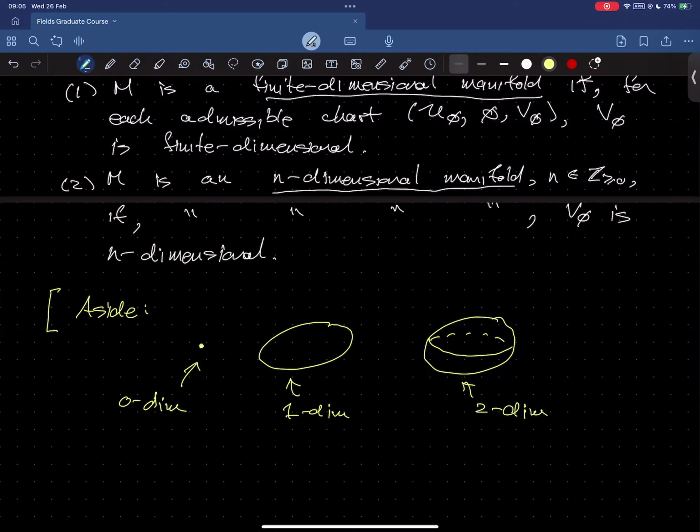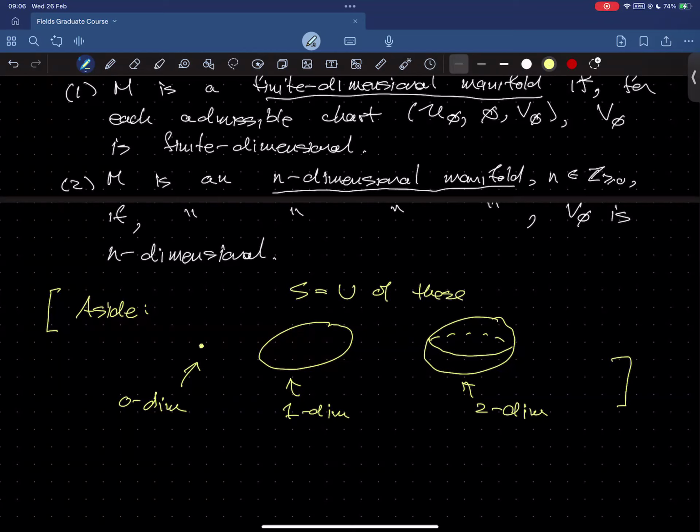But there's no reason whatsoever, according to our definition of manifold, that we can't just take our set S to be the union of these three things. So S is certainly finite dimensional.